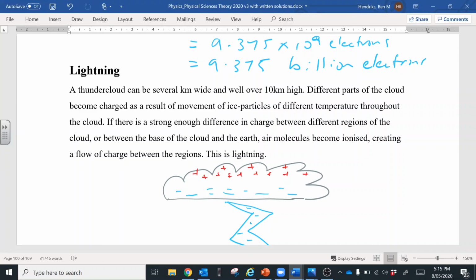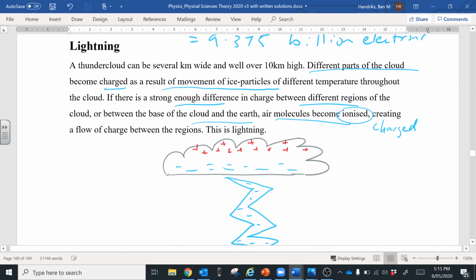Different parts of the cloud become charged as a result of movement or collisions of ice particles of different temperature throughout the cloud. If there is a strong enough difference in charge between different regions of the cloud, or between the base of the cloud and the Earth, air molecules become ionized, that means charged, creating a flow of charge between the regions.